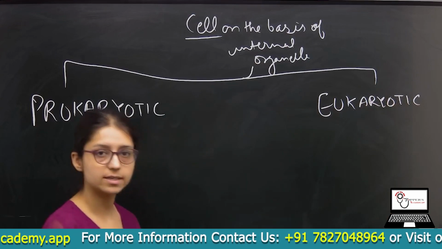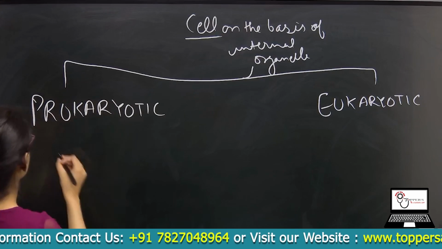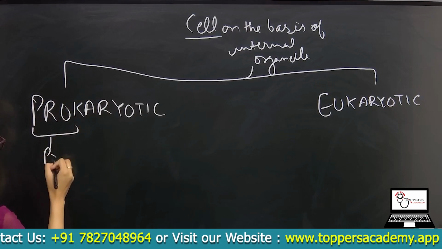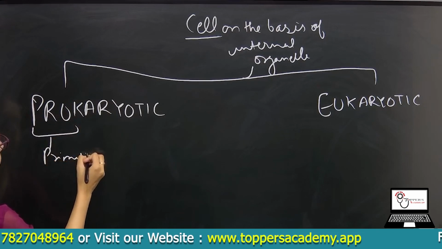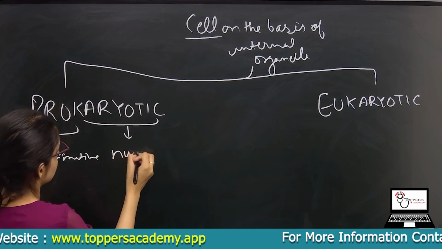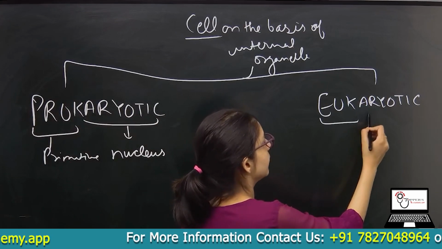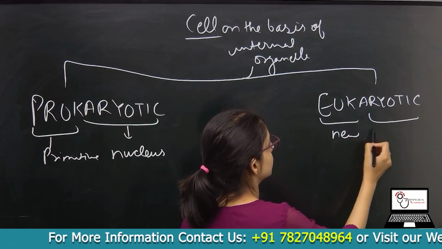Pro means primitive and eu means new. We know karyotic means, karyon means nucleus, and eu means new type of nucleus.